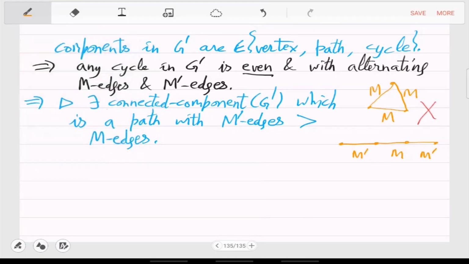In fact, I already made a mistake: it's not complement but M prime. But in these pictures, you can just think of an M prime edge as being an M complement edge. That works, so the definition of alternating path is satisfied.